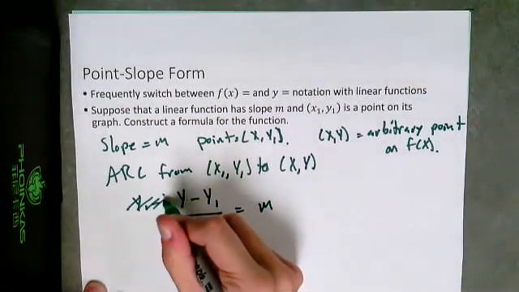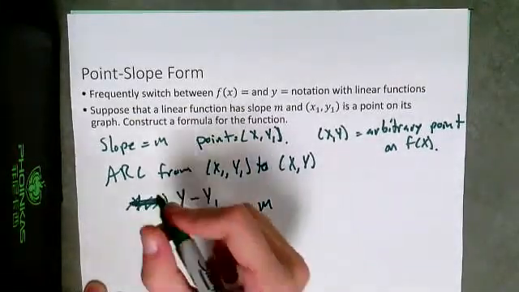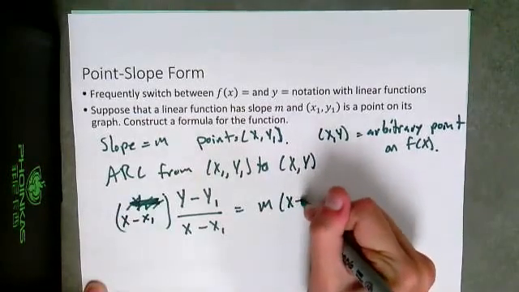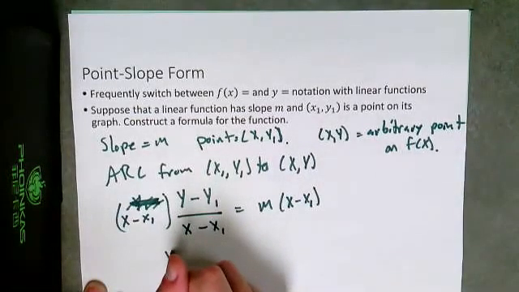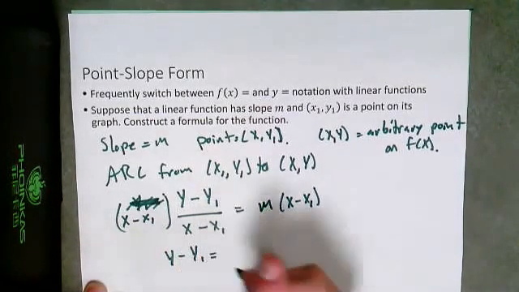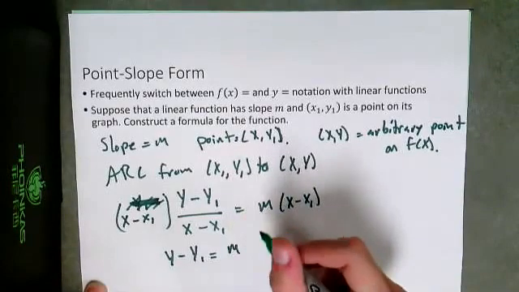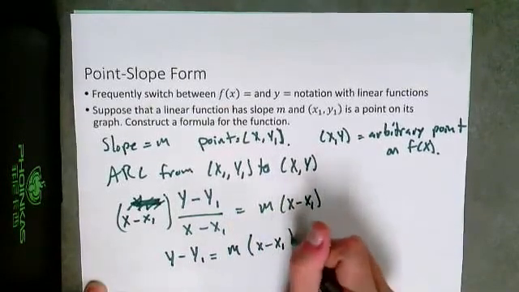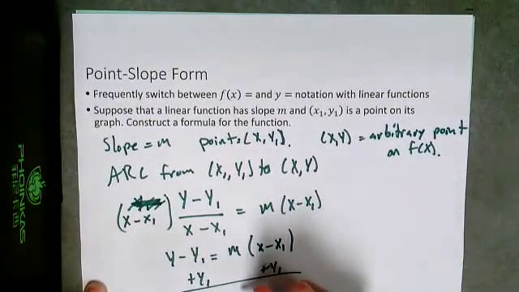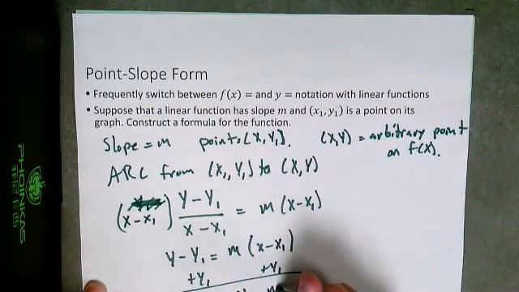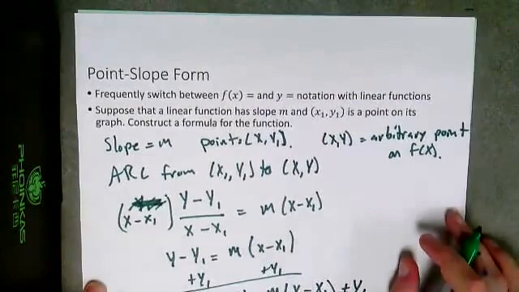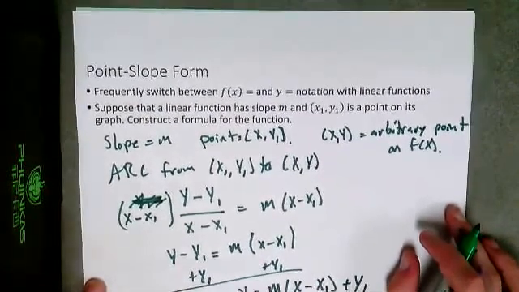All right, now let's ignore that thing I have there. Multiply both sides by x minus x1. And so we get y minus y1 is equal to m times x minus x1. Add the y1 over, and we get y is equal to m times x minus x1 plus y1. My lines are a bit crooked, but that's all right.